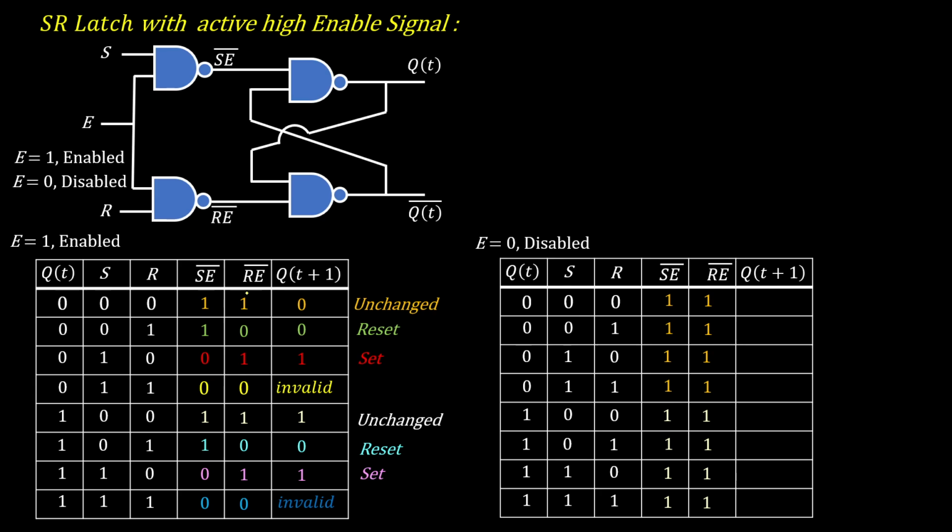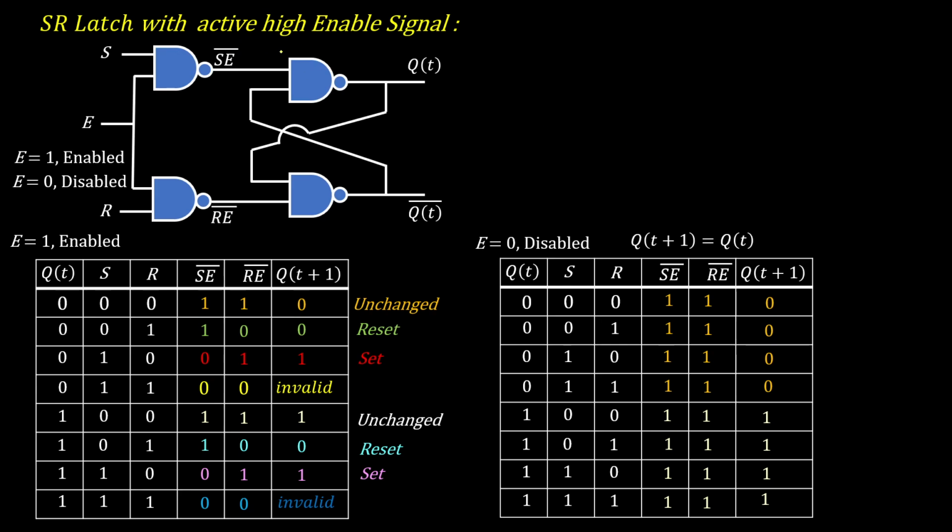SE bar, RE bar, in fact, S bar, R bar are 1, 1. Then there is no change. Here also S bar, R bar both are 1. Then there is no change. So present state is 0, next state is also 0. So in fact, this SR latch, if enable signal is 0, is totally disabled. There is no change in state. Present state is equal to the next state.